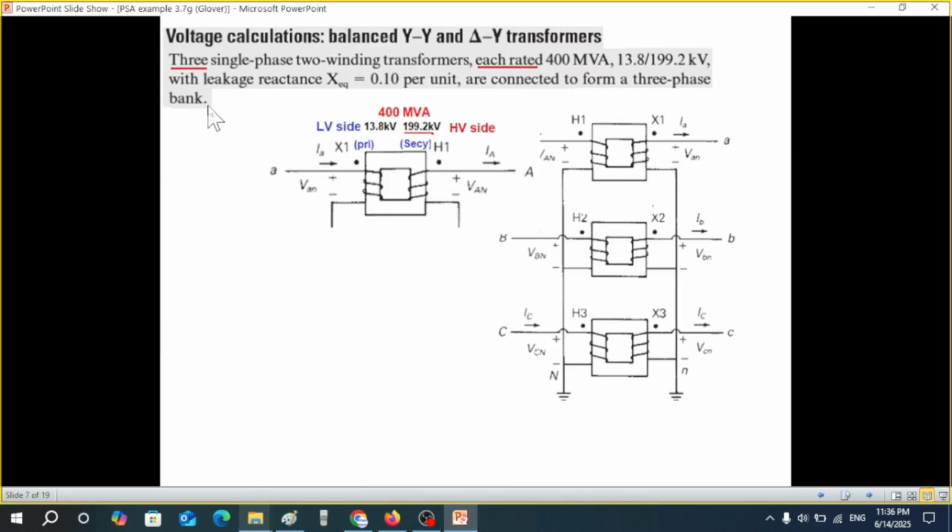Okay, so first, it is saying the voltage calculation for a balanced YY and delta-Y transformer bank of 3 single phase 2-winding transformers, 3 transformers, each rated 400 MVA, shown here as 400 MVA, 13.8 kV on the low side and 199.2 kV on the high voltage side. Then there is a leakage reactance that we'll see in the diagram.